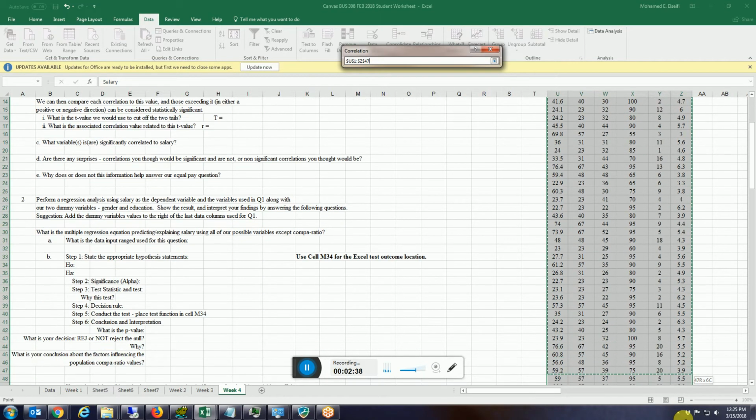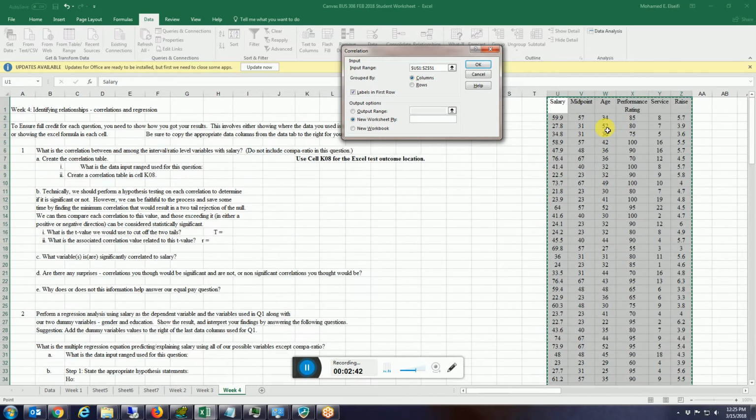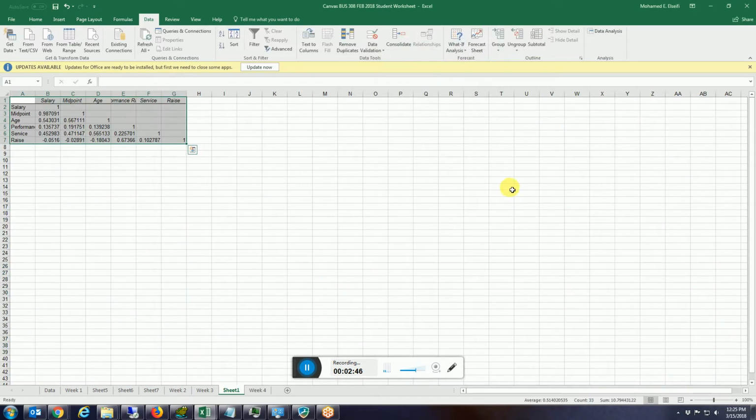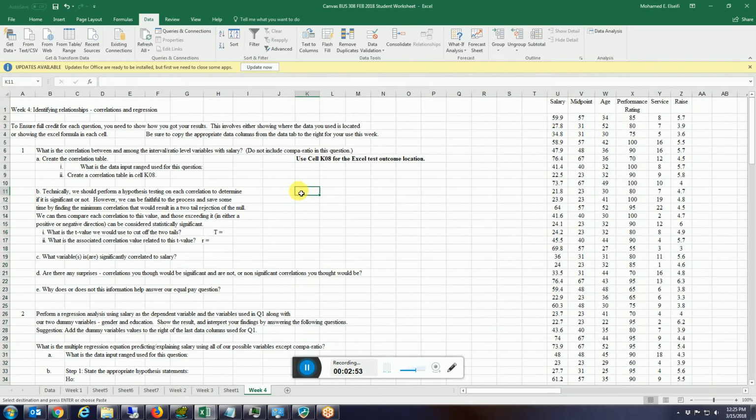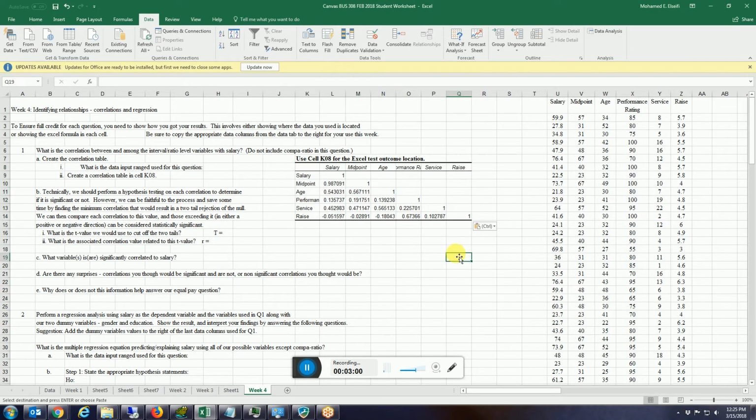So here's our data, and yes, there is a label in the first row, so we leave that checked and press OK. So here is our correlation matrix. You can copy that. They're asking for it in cell K8. So here is K8. Paste that here.